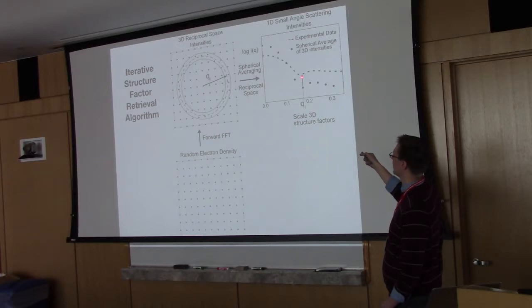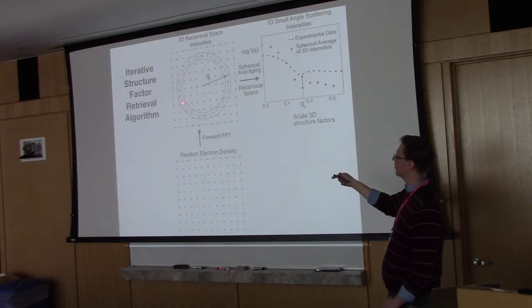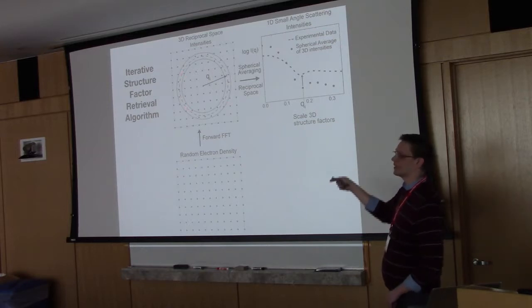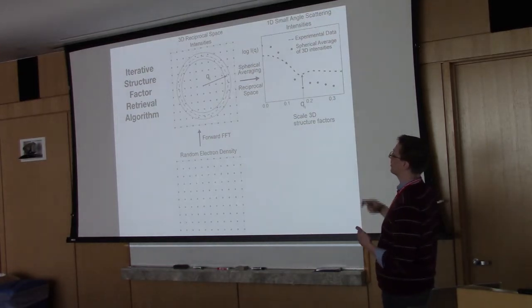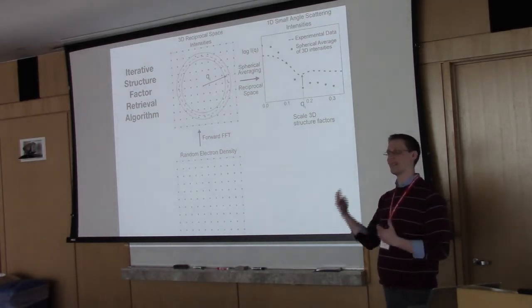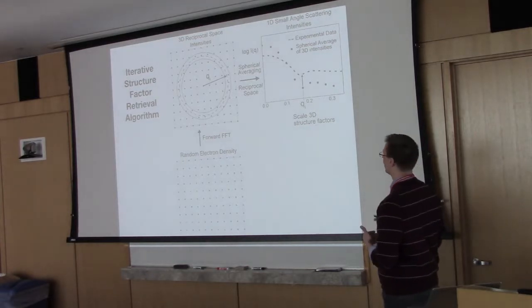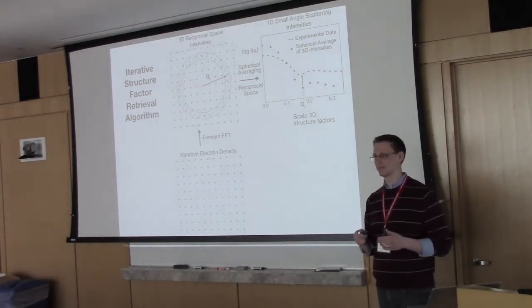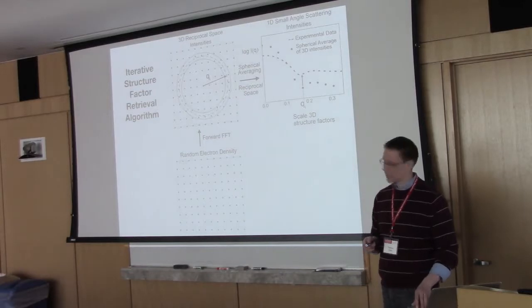That scales this data point up to our experimental value, and it scales all of these grid points by the same number. Now we end up with a set of structure factors whose corresponding intensities match our experimental data spherical average. Does that make sense? All right. So that's the key piece.